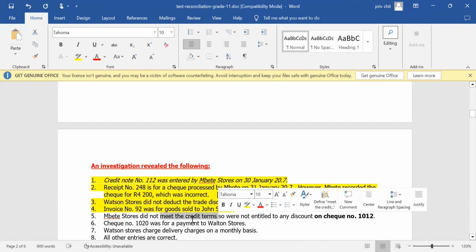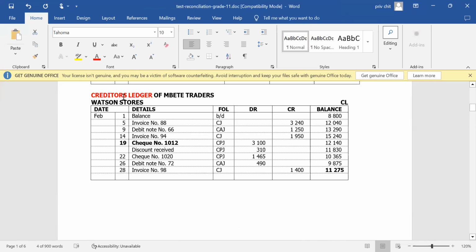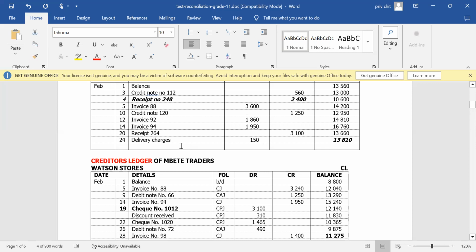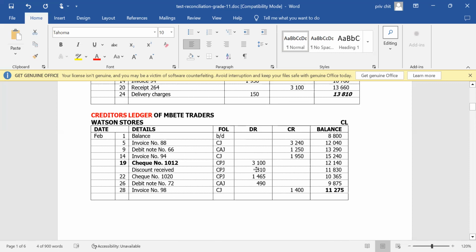So when you fail to meet the credit terms, you lose discounts. So that's what is happening here. So initially, if you go to the creditors ledger with check number 1012, yes, we paid 3,100. We expected that we would have received this credit discount, okay? But then the creditor is saying, no. You are not entitled to receive that because you did not meet the credit terms.